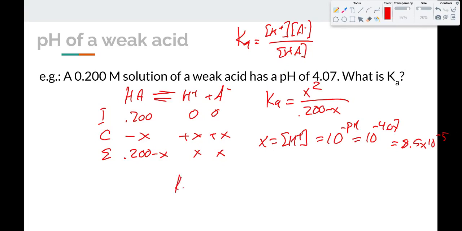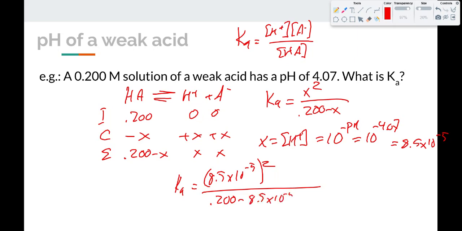So Ka for this acid is equal to (8.5 times 10 to the negative 5) squared divided by 0.200 minus 8.5 times 10 to the negative 5. And you can probably just ignore that because that's very small compared with 0.2, or not. It's pretty easy to do the math either way. You come out with 4.3 times 10 to the negative 4 for your Ka value.